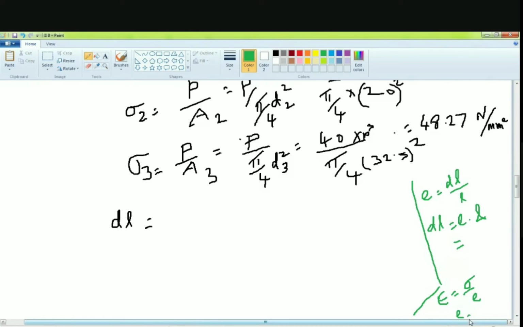Strain equal to stress divided by Young's modulus. Shall I write this formula in the diagram? So what is the DL formula? Stress divided by Young's modulus into length. Am I correct?